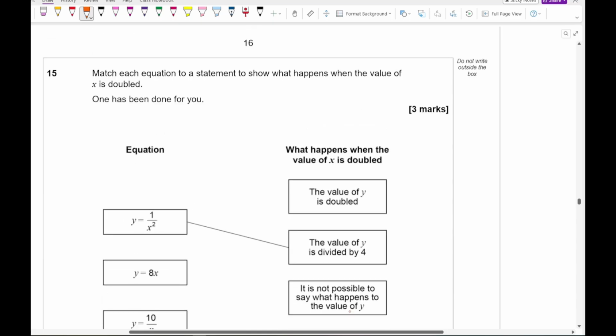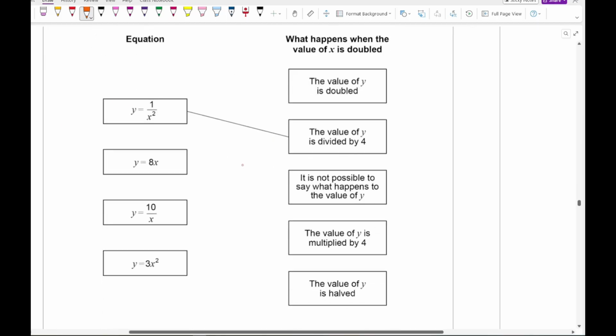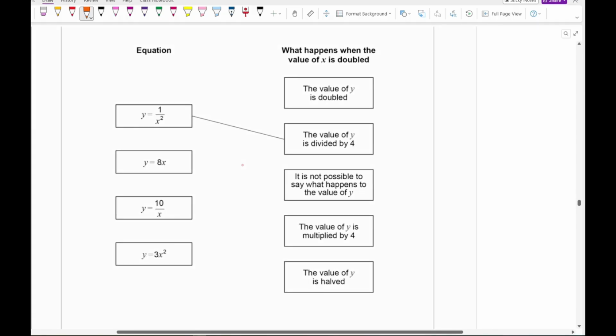Moving on to question 15, it says match each equation to a statement to show what happens when the value of x is doubled. One has been done for you. So here, for these particular questions, what I always recommend students to do is to substitute numbers in.